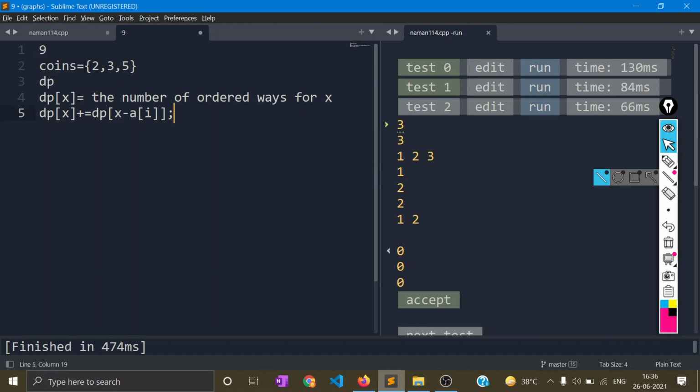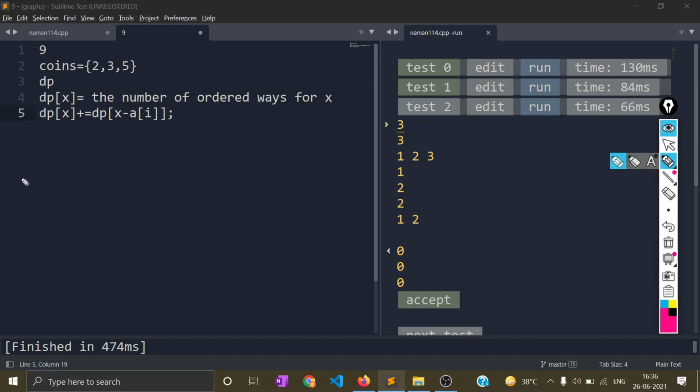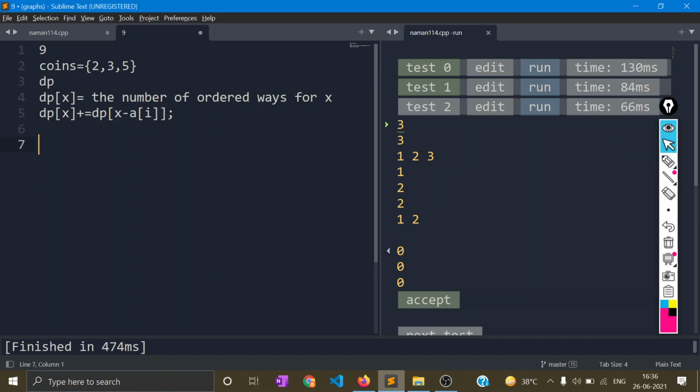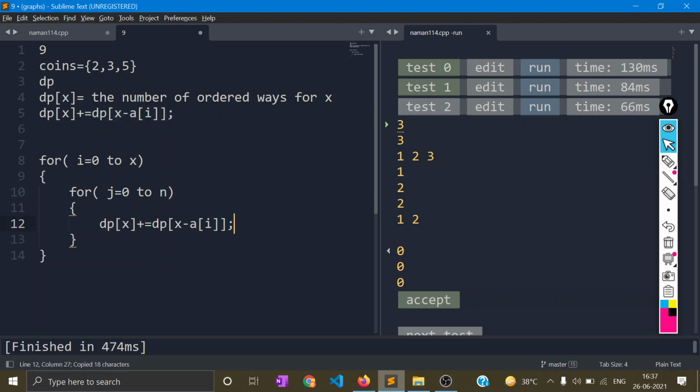In the previous question, we filled the array like this: for i equal to 0 to x, for j equal to 0 to n, and then we checked the condition x minus a[j] is greater than or equal to 0, and here it should be aj, not ai.